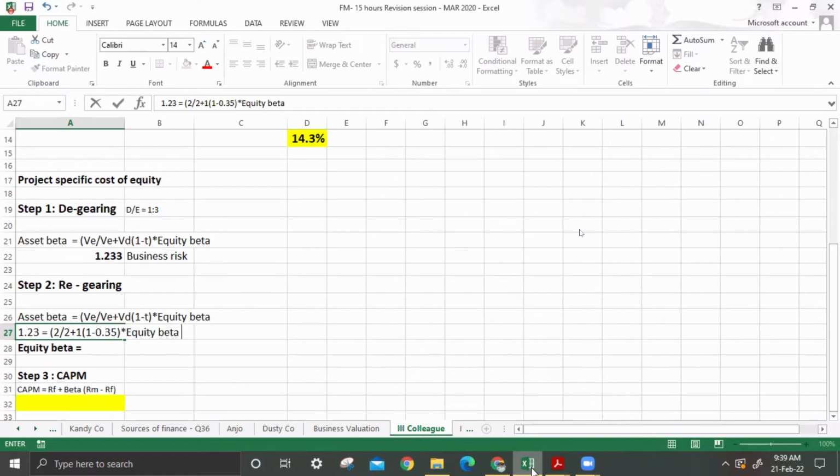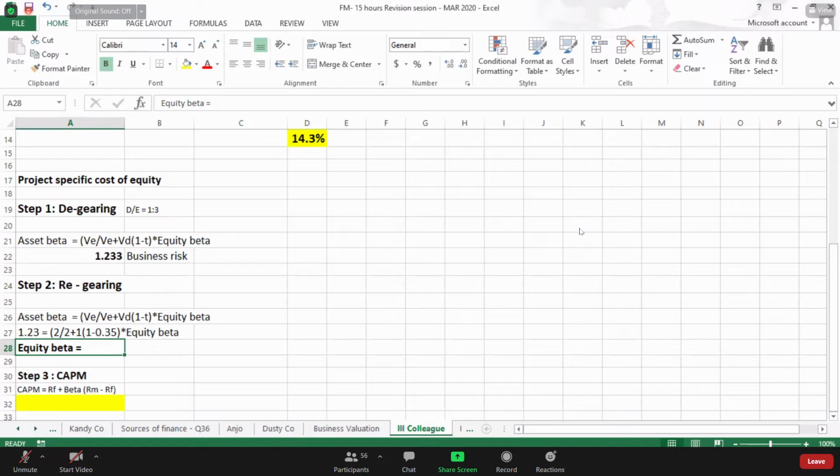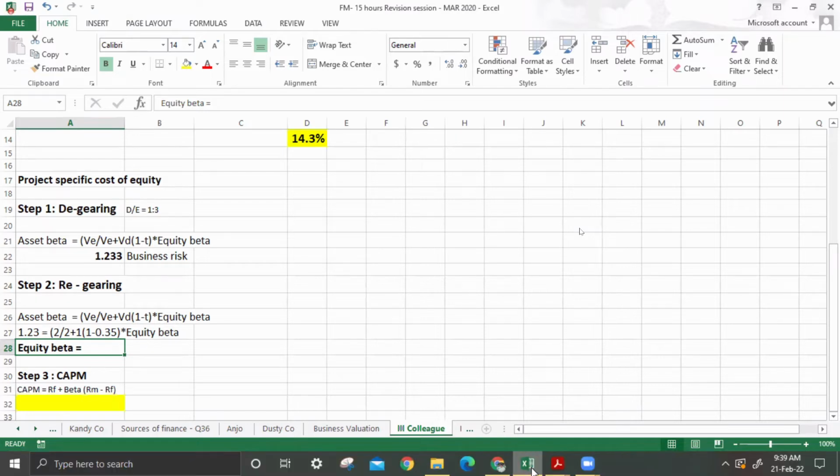Can anybody tell me how much is my equity beta? Quick, Ashwina, Neha, very good. 1.64. So when you solve the equation, you get around 1.64 as your equity beta.